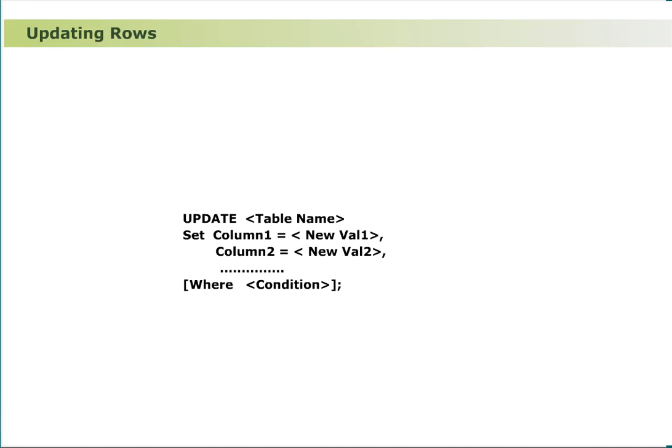The general form starts with a reserved word update followed by table name, followed by another reserved word set, followed by list of columns, and optionally at the end follows where condition. The column list contains columns separated by comma and each with new value.